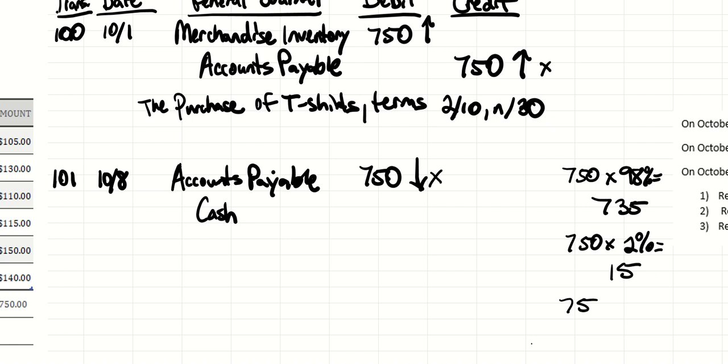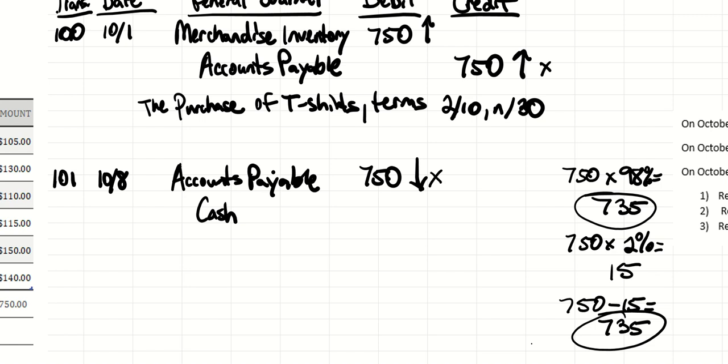And then take $750, subtract out 15 to give you your $735. Either way, it's completely fine. As far as how you're able to get to the answer, as long as you're getting to $735, that's all that matters because that's the correct amount that should be credited to the cash account.